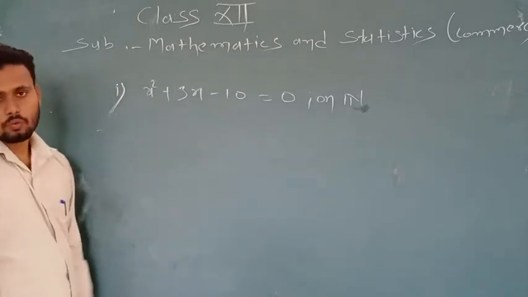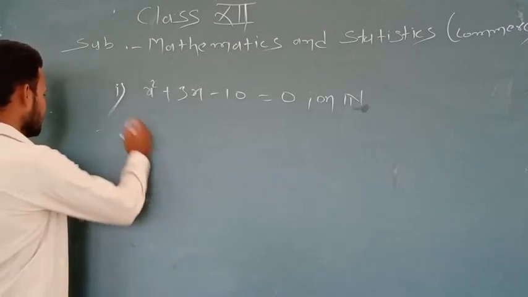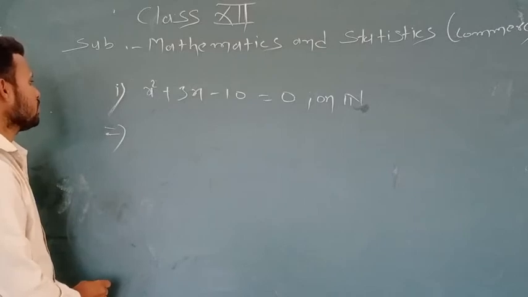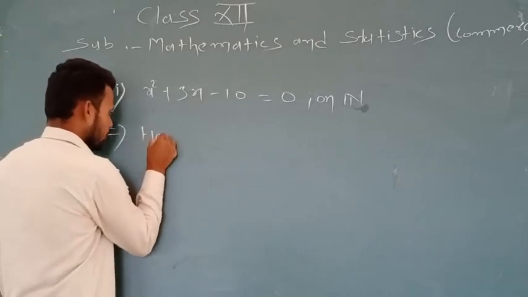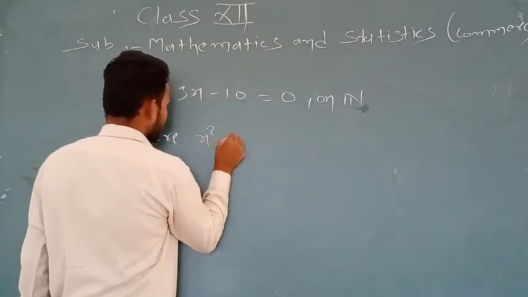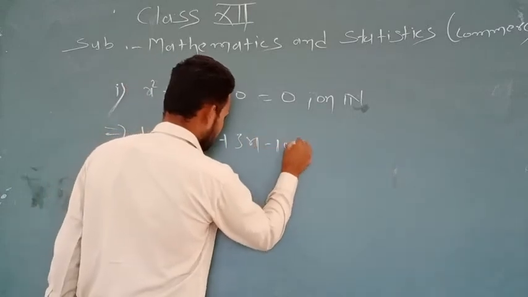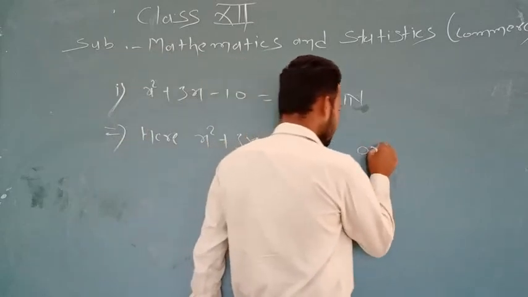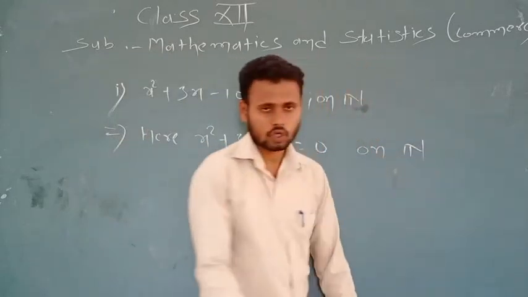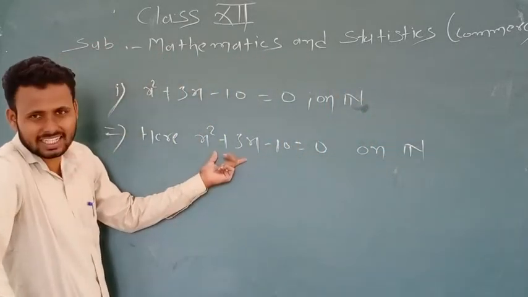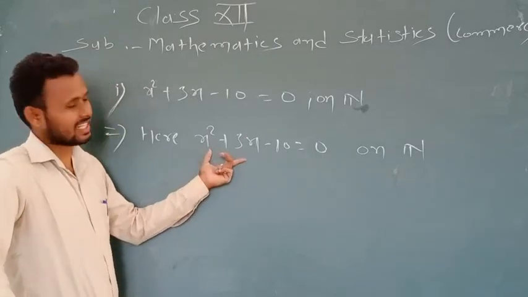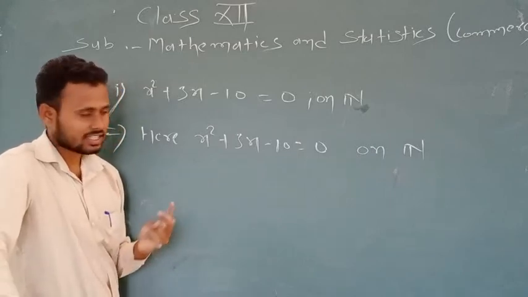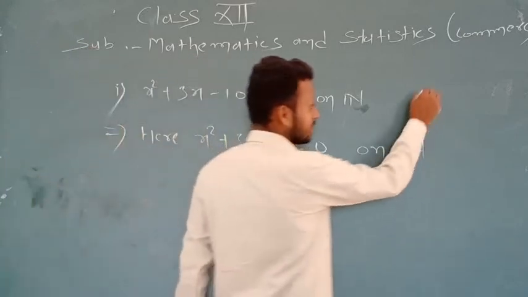Now it is an open sentence. Solution: here x square plus 3x minus 10 is equal to 0, and this statement is defined on the natural numbers. It is an open sentence. We have to convert this sentence into a true statement with the help of quantifiers. There are two quantifiers, we know: for all and there exists.